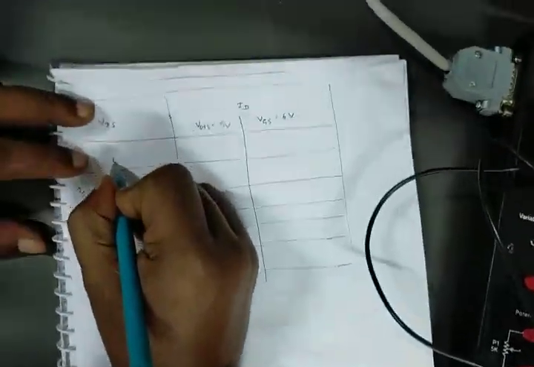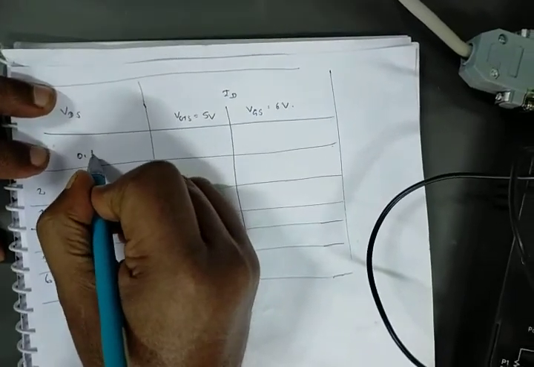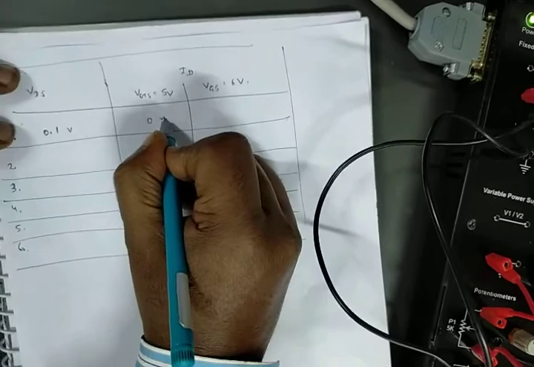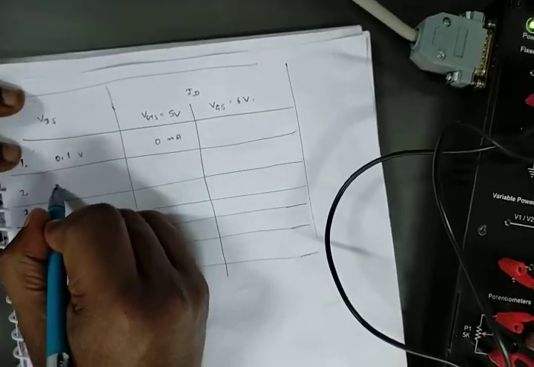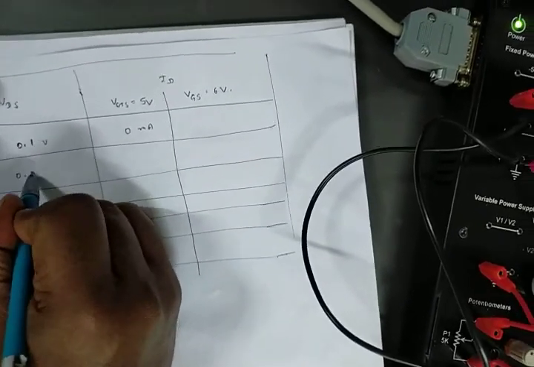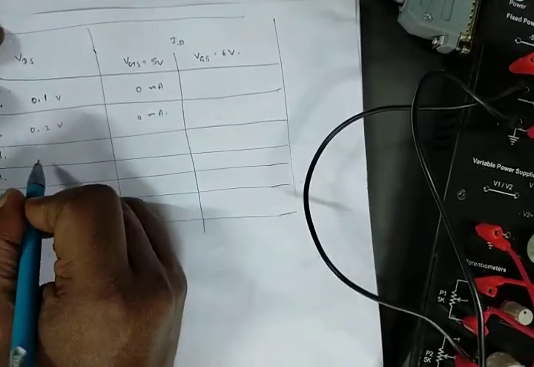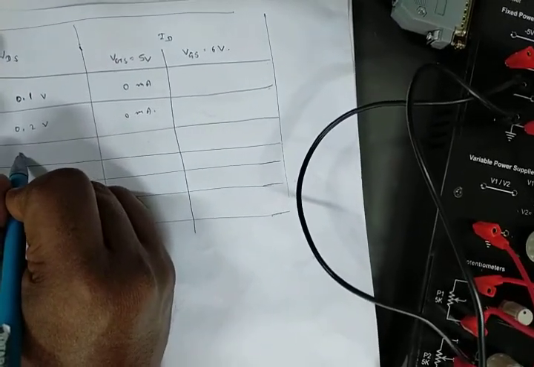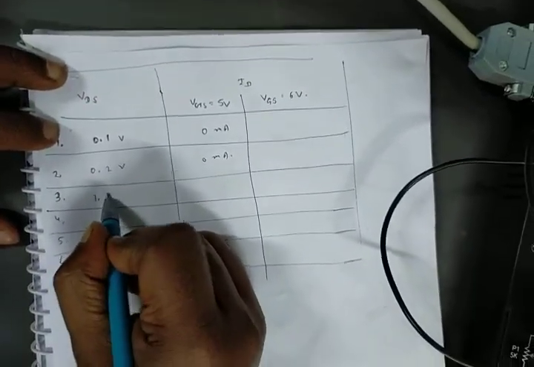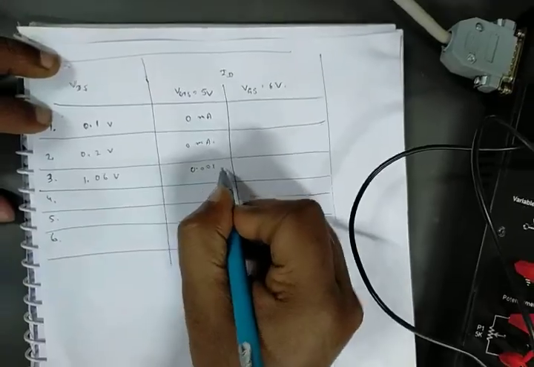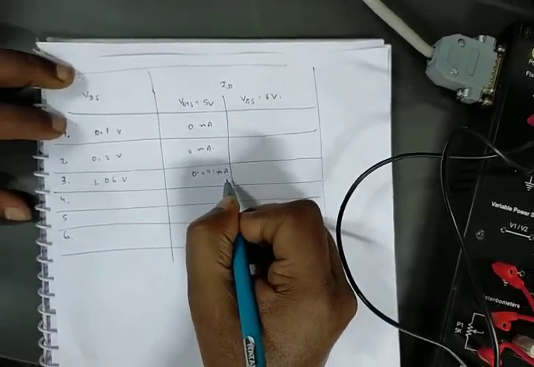As starting we have 0.1 volt, but 0 milliamps. At 0.2 still 0 milliamps. At 1.06 volt it has 0.001 milliamps current.